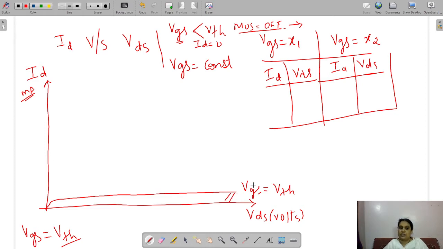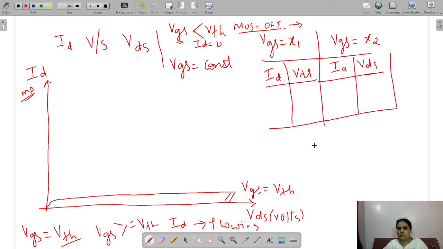What is this VGS? VGS is the input voltage connected between the gate and the source. If the value of VGS is greater than or equal to VTH, then the channel is formed and the drain current now starts flowing. What is the nature of the drain current?